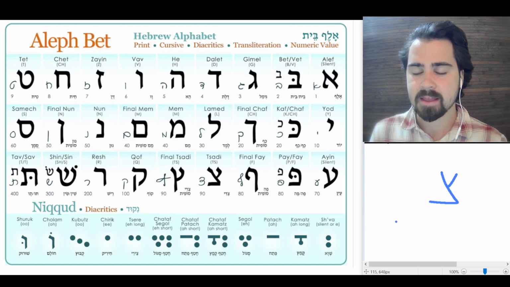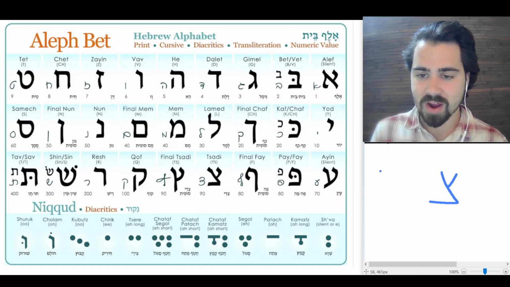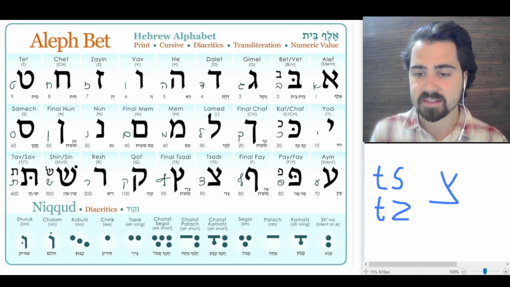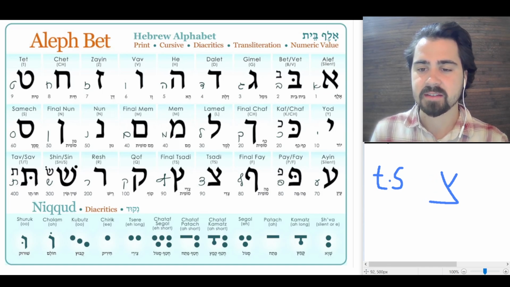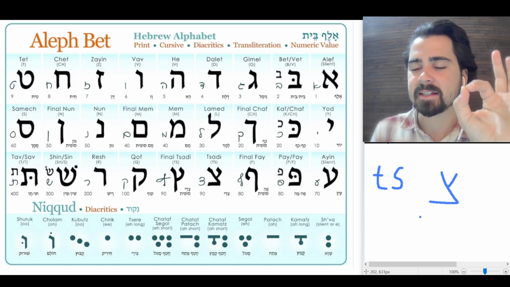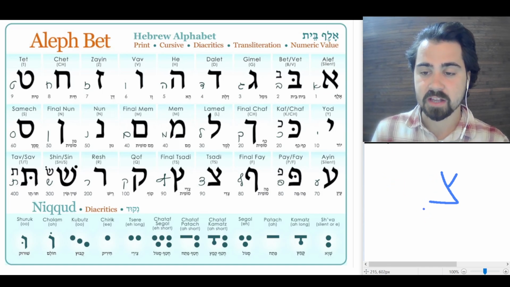In English, if I would try to write the equivalent, it would be T and S, or T and Z. So remember it: the tzaddik is T plus S. In this case, we also have a final form. It looks like this.